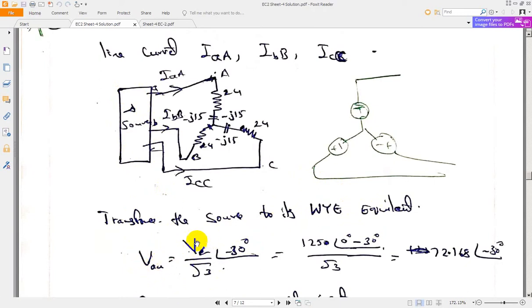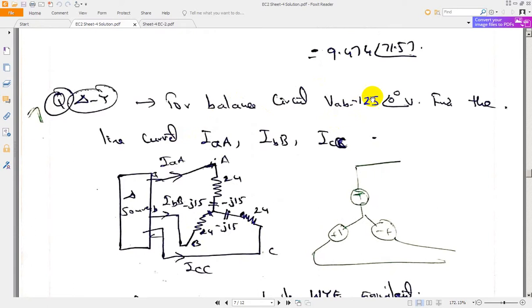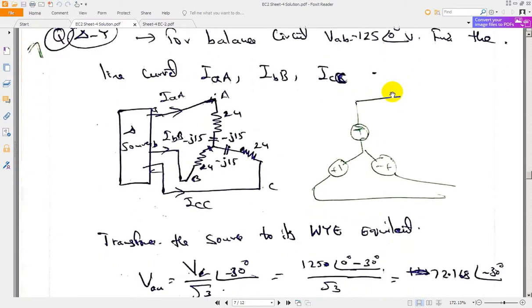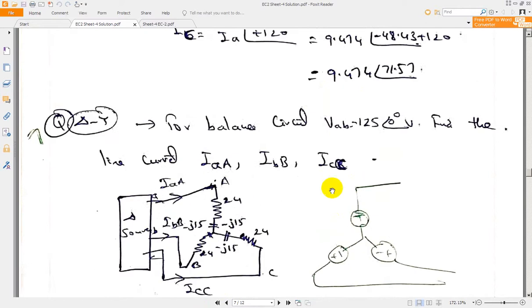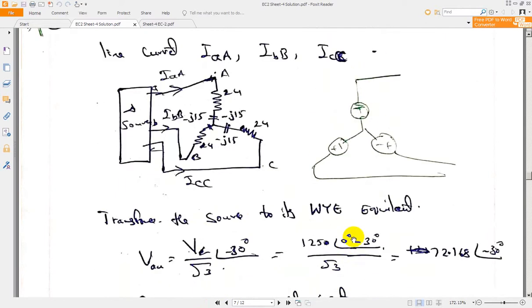To identify the phase voltage, the line voltage we have is VAB equal to 125 at an angle of 0. This voltage should be divided by root 3 and the angle reduced by 30 degrees. So VAN is 125 at an angle of 0, reduced by 30 degrees, divided by root 3.